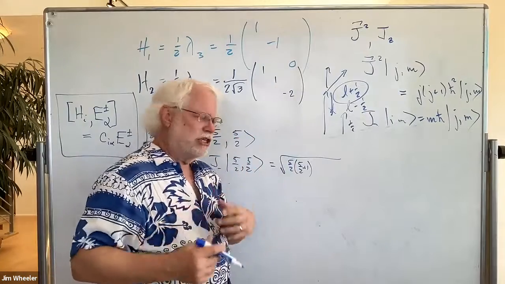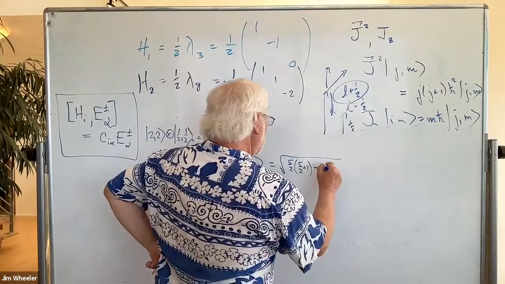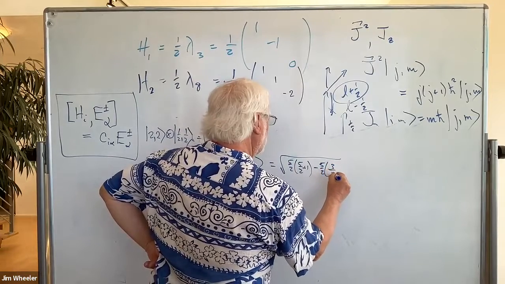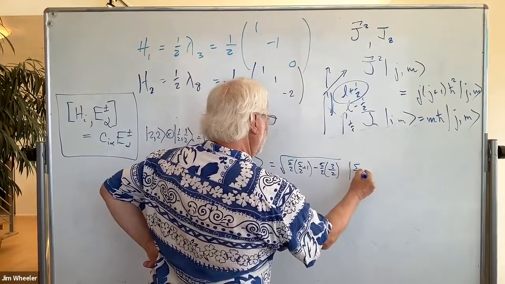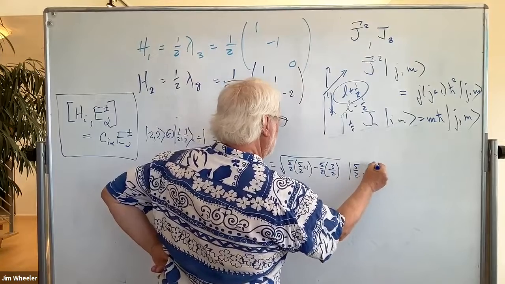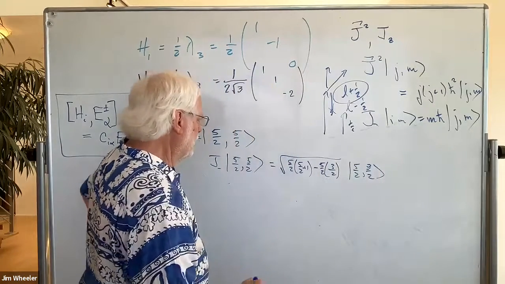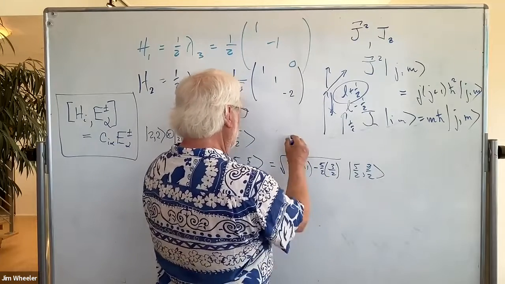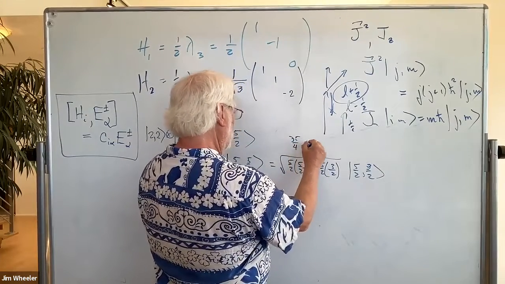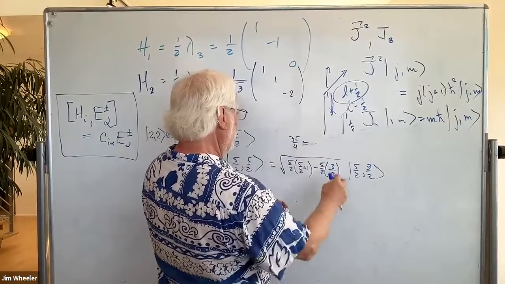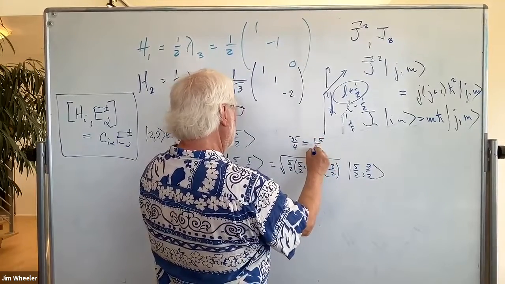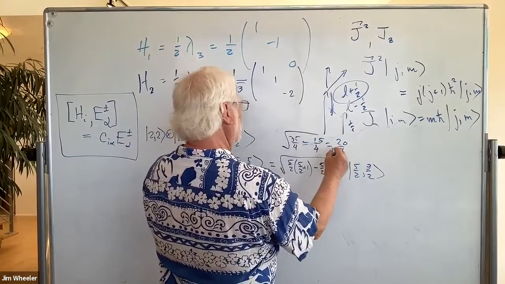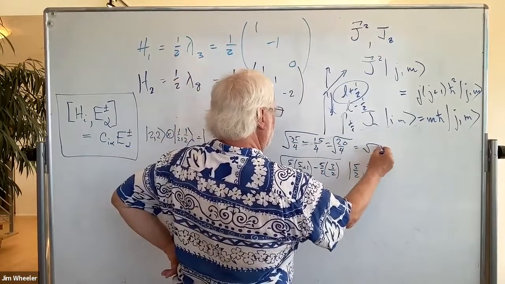We've got just the action of J plus and J minus, M minus 1, 5/2 times 3/2 times 5/2, 3/2. And what is that? That's 7/2, 35 over 4, minus 15 over 4 is 20 over 4, and we want the square root of all that. So that's the square root of 5.